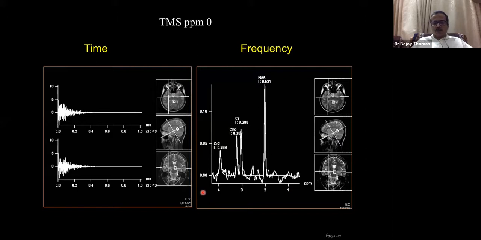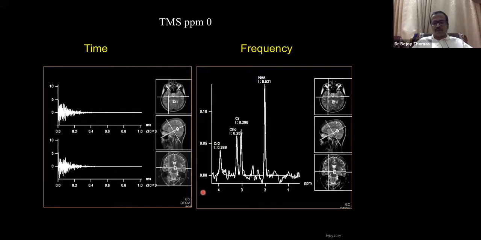This is because even before MRI or MR spectroscopy, there was NMR and NMR spectroscopy. They were using a technique called field sweep. We know that our MR main magnet field strength is pretty constant. Once you buy a machine, it is 1.5 or 3 Tesla.